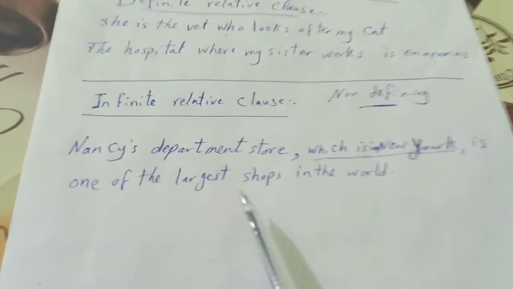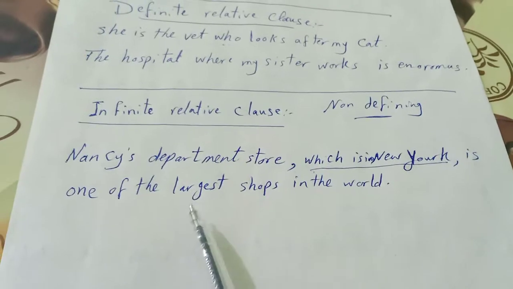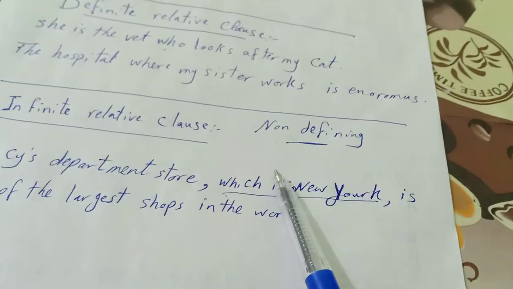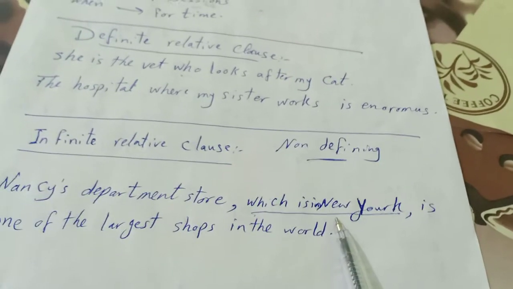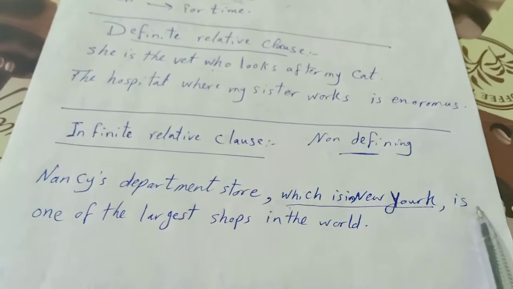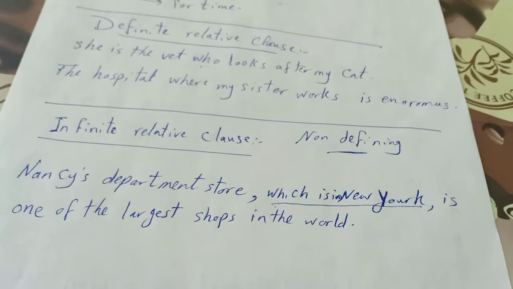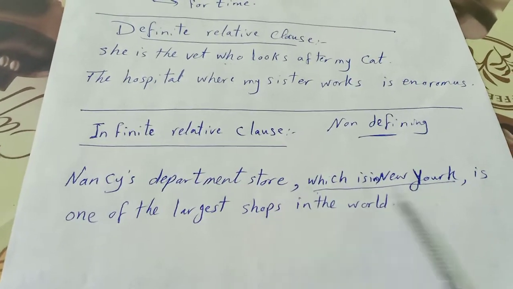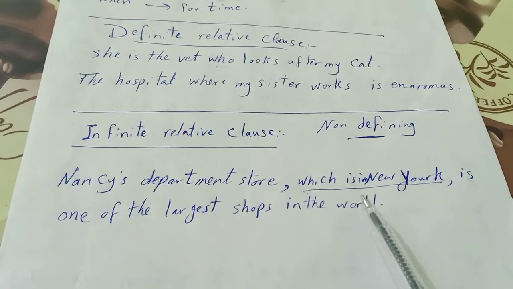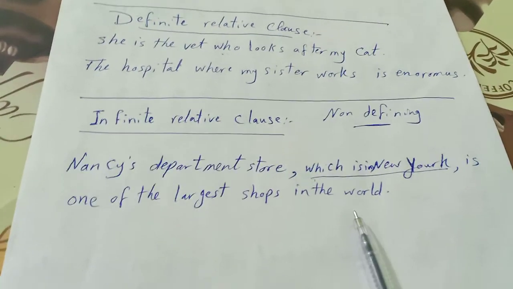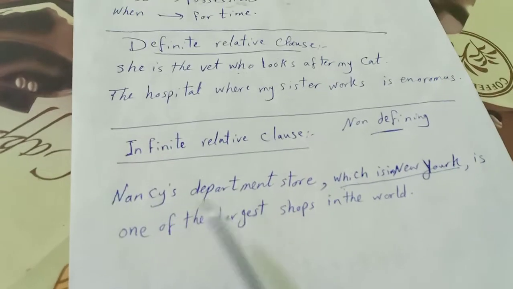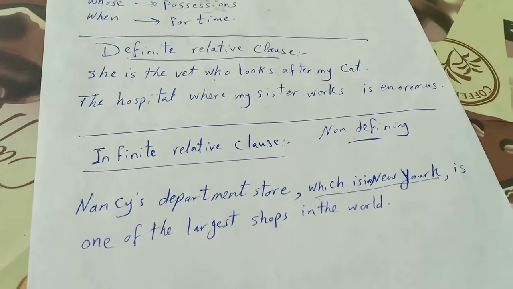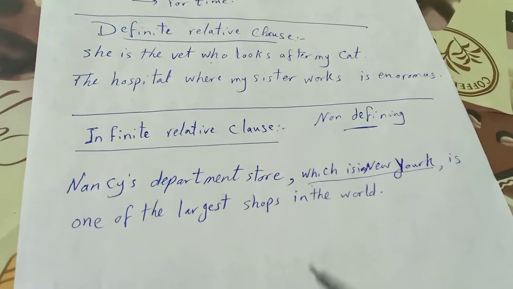This is a complete sentence and it's giving us information, but this relative clause gave us an additional information that this department store is in New York. We separated it using commas. So the non-defining or the indefinite relative clause, we use commas. It gives us extra information about the sentence or the noun, and it can be taken away, and there is a complete sentence without it.